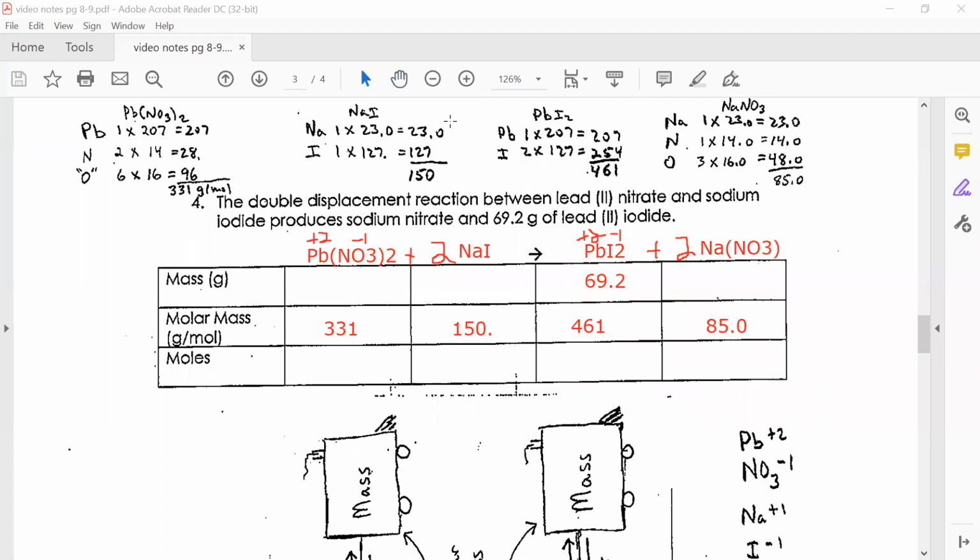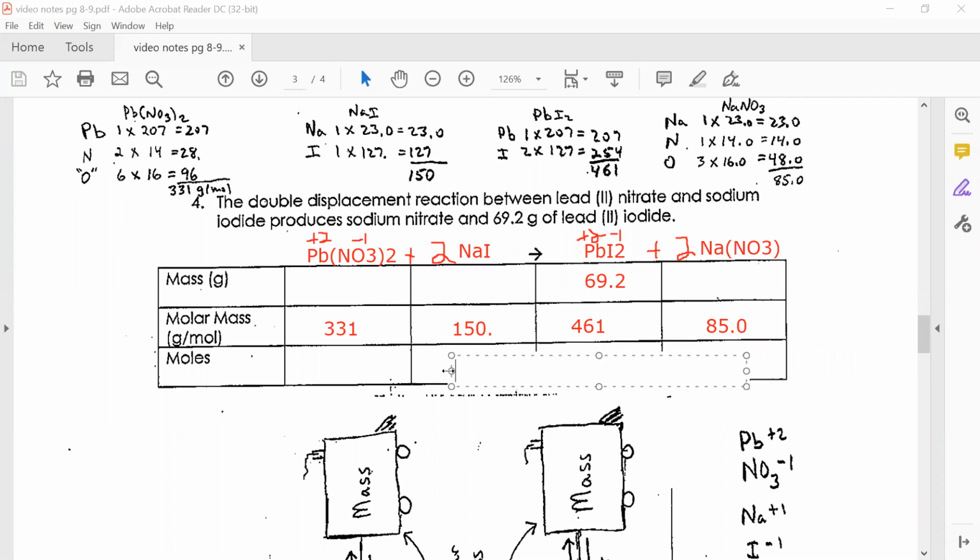This was 0.150. That was 69 divided by 461. Now I'm going across. 0.15 times 2 over 1 gives me 0.300. And then I look, this is a 2, this is a 2, so they should be the same number.